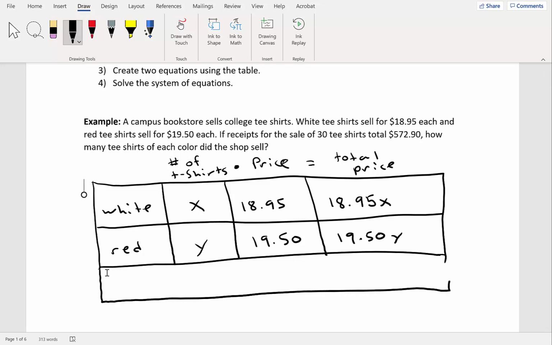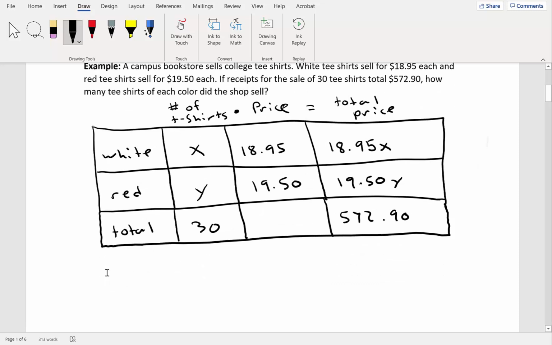We'll let this be the total. Okay, so now the total number of t-shirts sold, tells us in the problem, was 30. And then the total of those 30 t-shirts was $572.90.